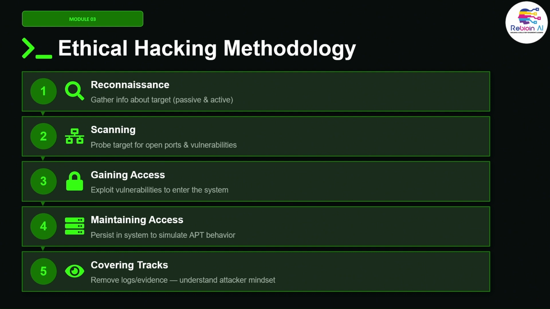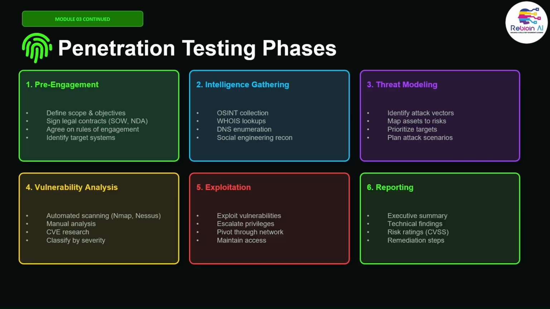That would be tampering. One critical point is that this is not a straight line. It's a loop. You might do recon, find something interesting, go back and do more recon, then scan, then circle back. It's a continuous process. Let's go to the next slide.